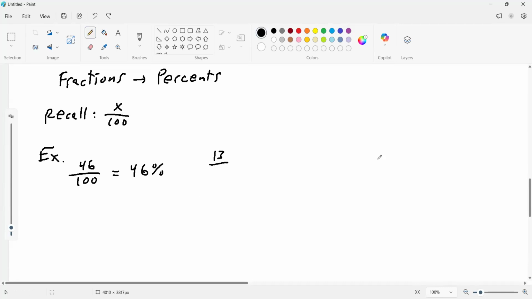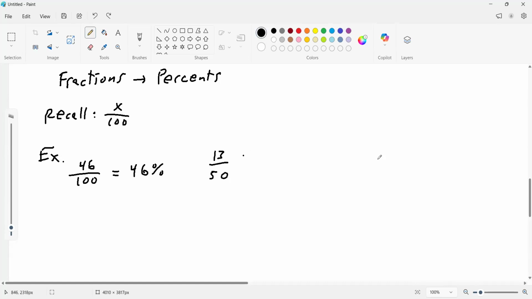Okay, well, this is not per 100. That's per 50. Okay, that's not percent. But if I want a percentage, what do I know about the denominator that could strategically get me to 100? Well, if I take 50 and multiply it by 2, then I'll get to 100.